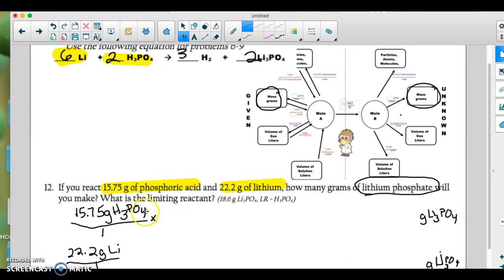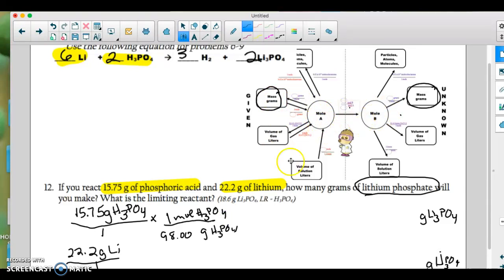So for this first one, I'm going to go from gram to mole. So I'm going to use my molar mass. There's 98 grams of H3PO4 in a mole of H3PO4. So that takes me from grams to moles.